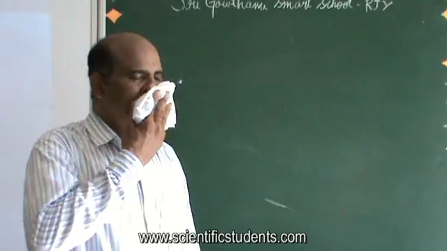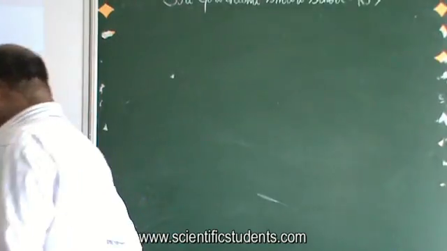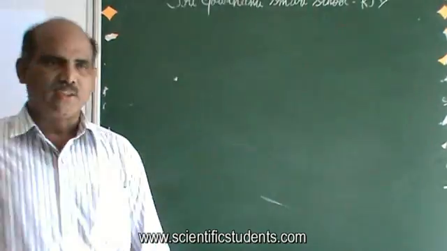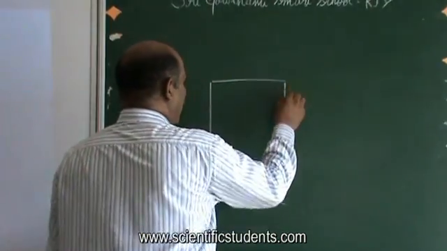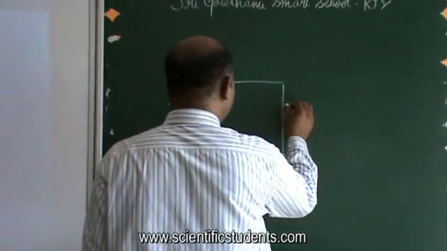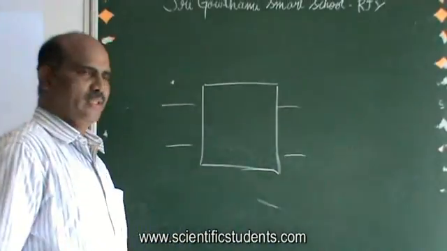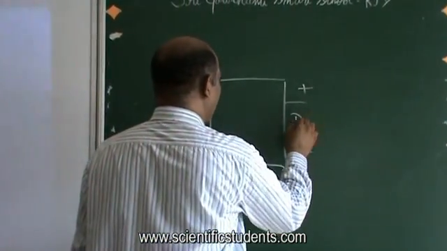Now let me go to another device called a rectifier. Why do I need a rectifier? To convert AC to DC. Okay, so here is my box. This is called a rectifier. So if I give AC input, it gives me DC output. Whenever I say DC, it's going to be plus and minus.